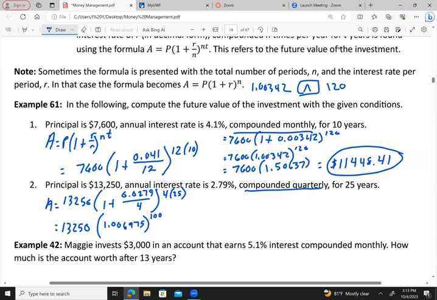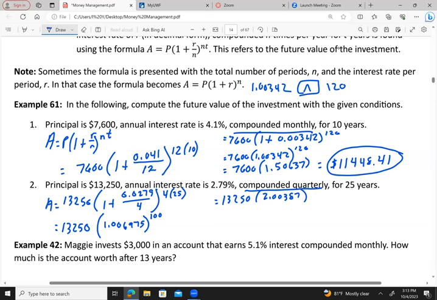So now I'm going to take this 1.006975 to the 100th power, and I end up with 13,250 times 2.00387.